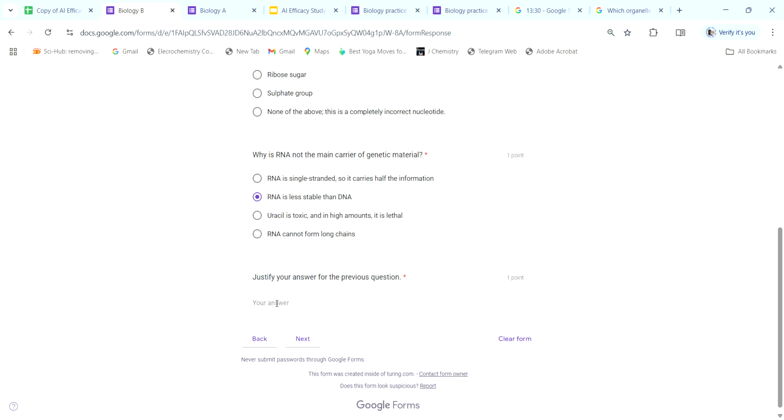So I can write that RNA contains one extra hydroxyl group which makes it less stable and more reactive than DNA. So this is the justification. So move to the next part.